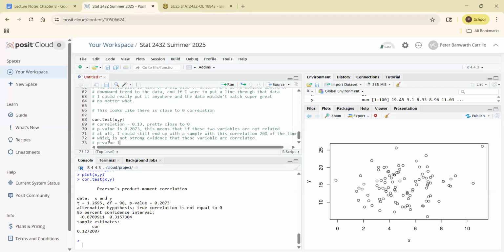So the p-value leads us to conclude that we can't say that the two data sets are correlated. We fail to reject the idea that they are not.